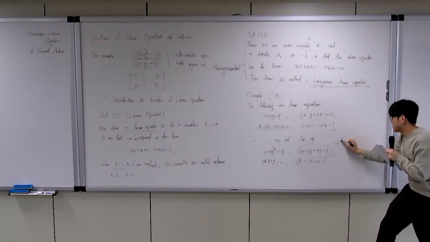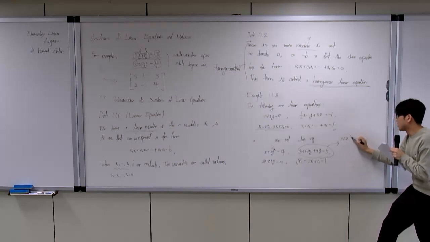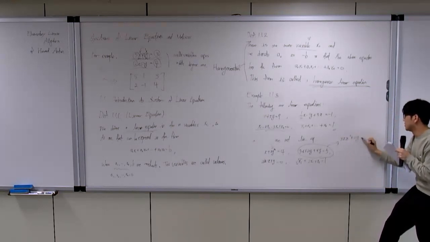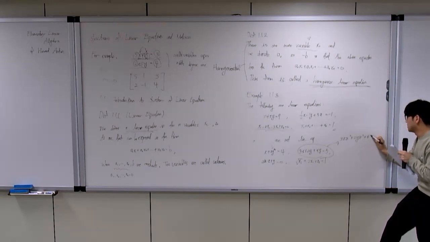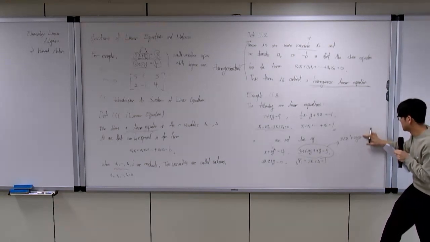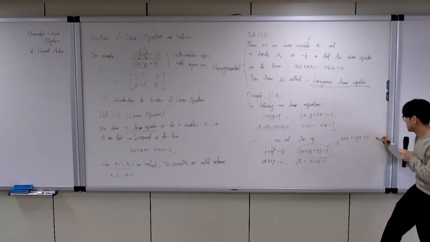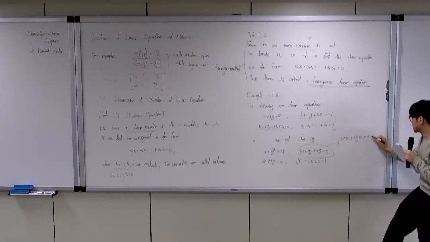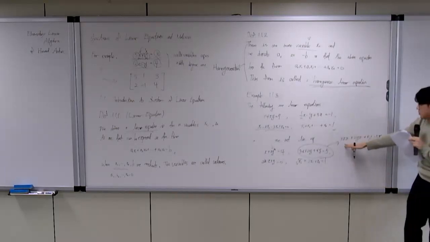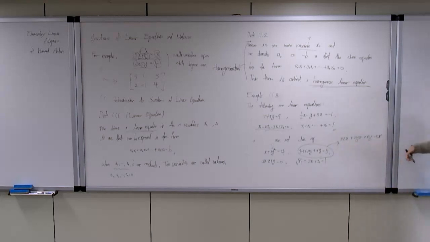Then it can also be homogenized. Not square. xyz equal 5z square. Then all degrees are 2, and this system is homogenized.